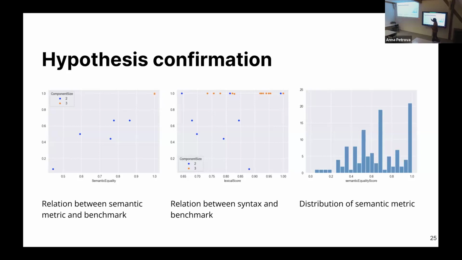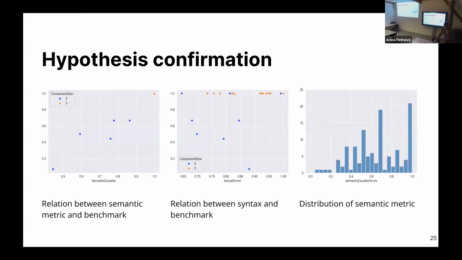There is a correlation, with a value of about 0.9. But our experiment with syntactic metrics was unsuccessful. There is no correlation, and as you can see, not all solutions came to the benchmark part, because only solutions with a semantic score passed to the next stage.